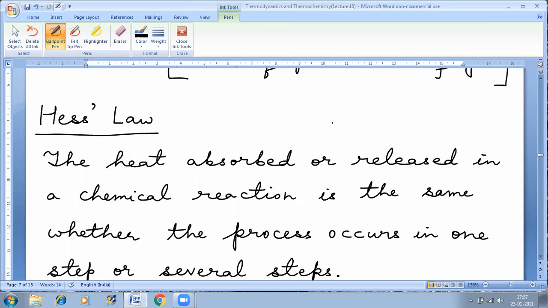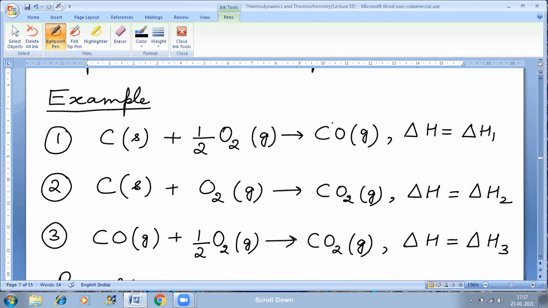Now let's do one example. Remember, treat the chemical equations as mathematical equations. Just like we used to have different equations in algebra, linear equations in two variables, linear equations in three variables, similarly here also we will treat chemical equations just like the mathematical equations in algebra.